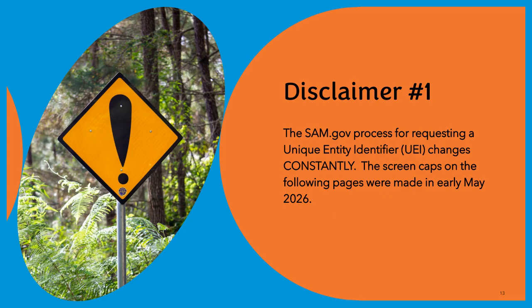But by the time you're watching this recording, it's very possible that the pages will look a little different. So don't necessarily freak out if what you're seeing is somewhat different. That's just how it's going to be with SAM.gov. So hopefully you'll take the general concepts of what we cover and you'll be able to apply it to however the system is going to look when you happen to be logging in to do this.